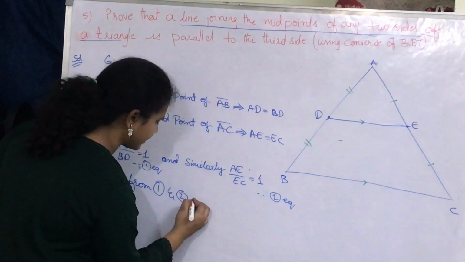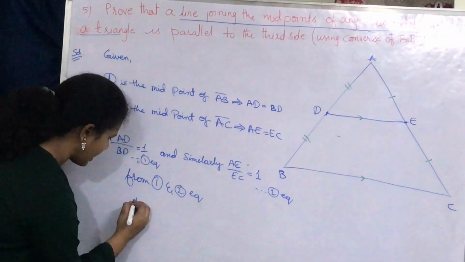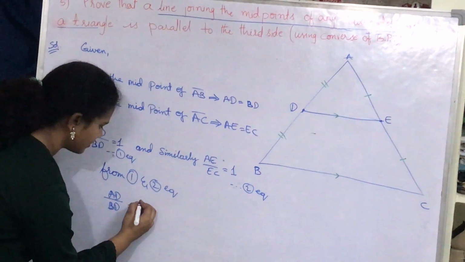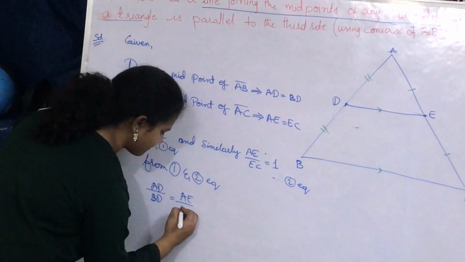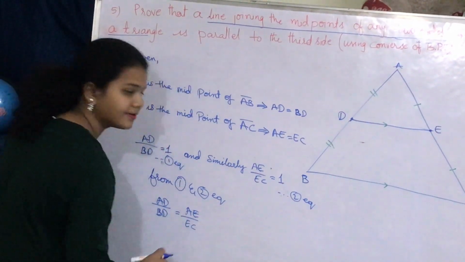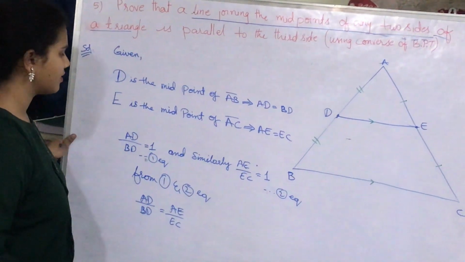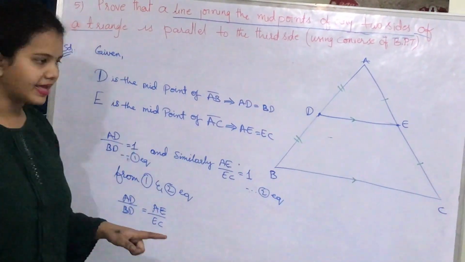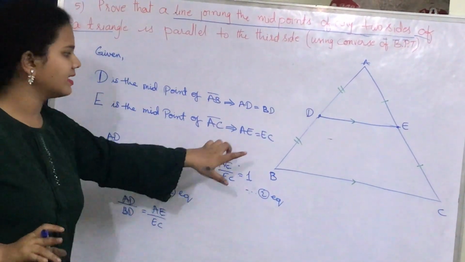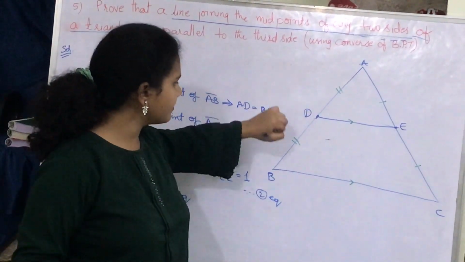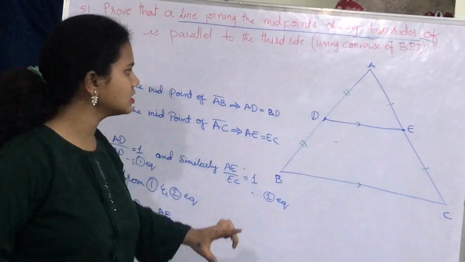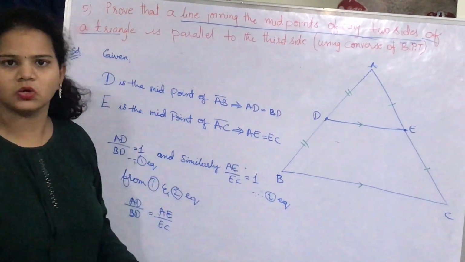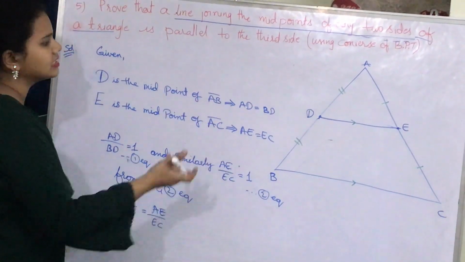From equations 1 and 2, I can say that AD by BD equals AE by EC, right? Where AD is equal to BD and AE is equal to EC. So thus the two sides are being divided in the same ratio. Then the lines are parallel.